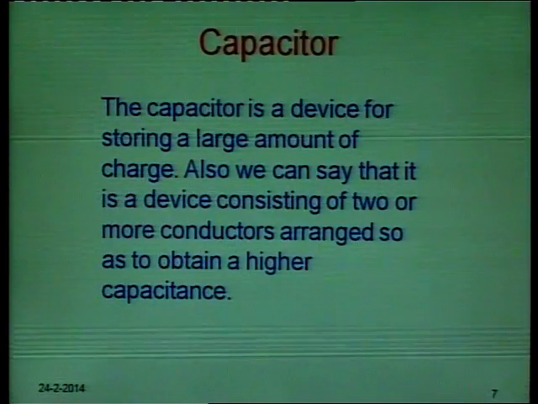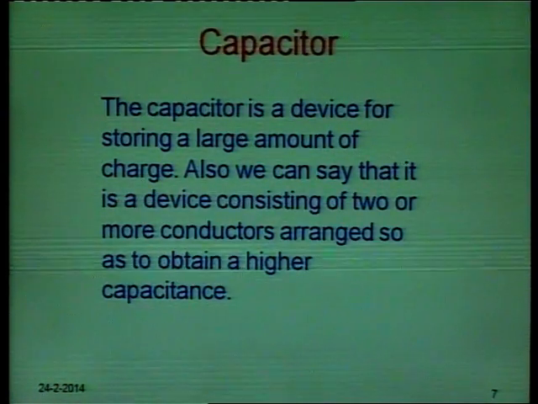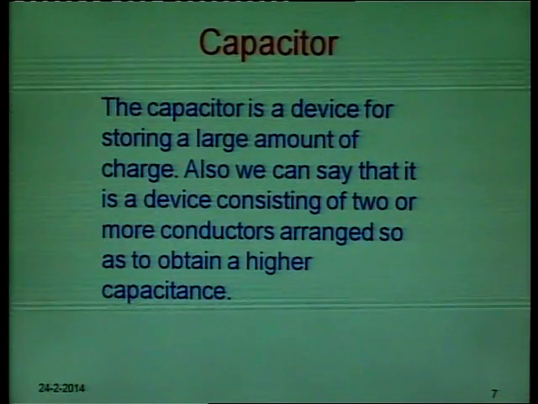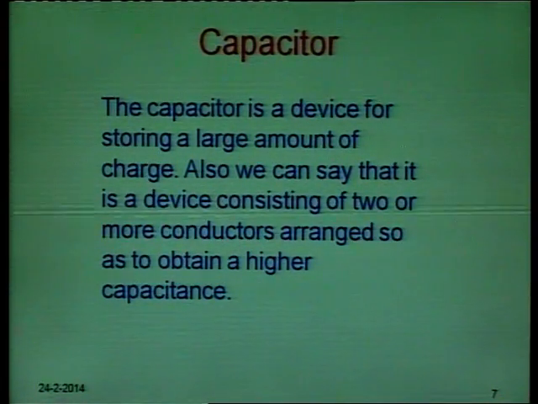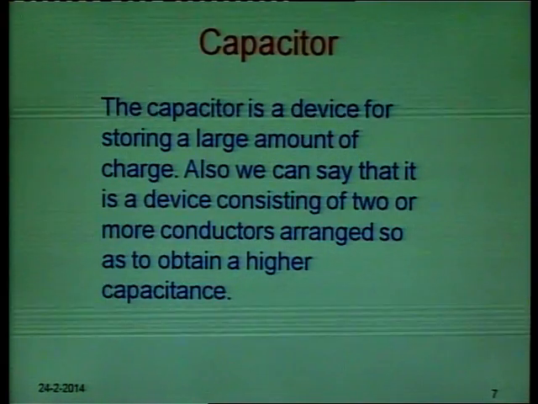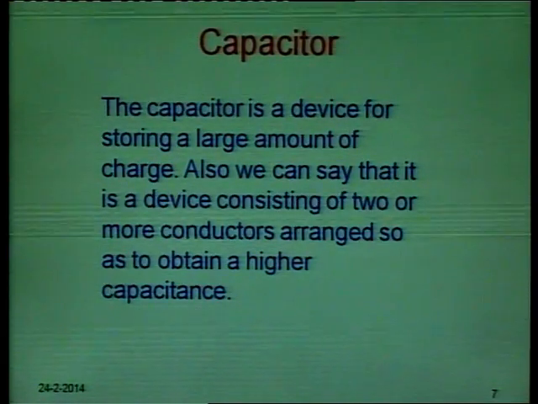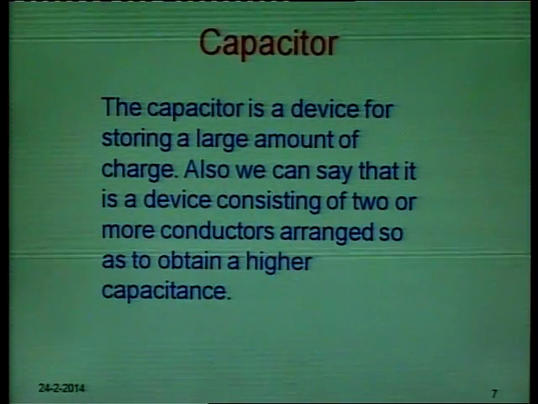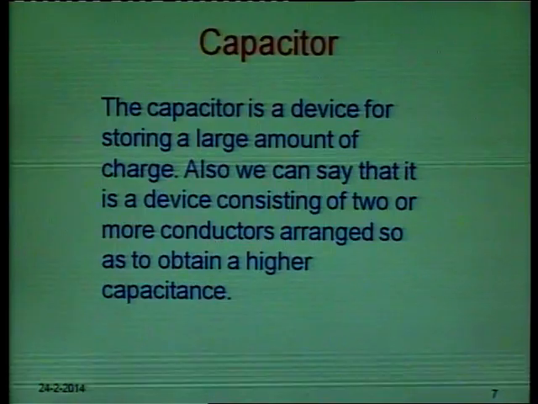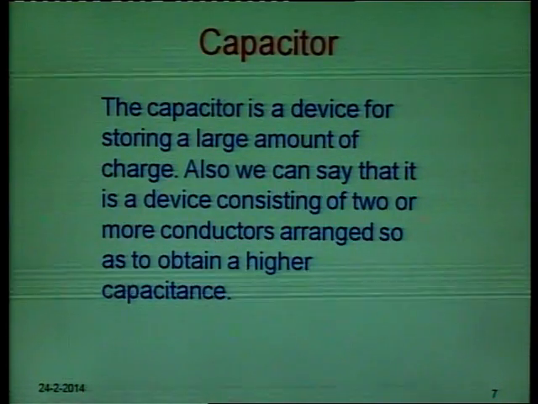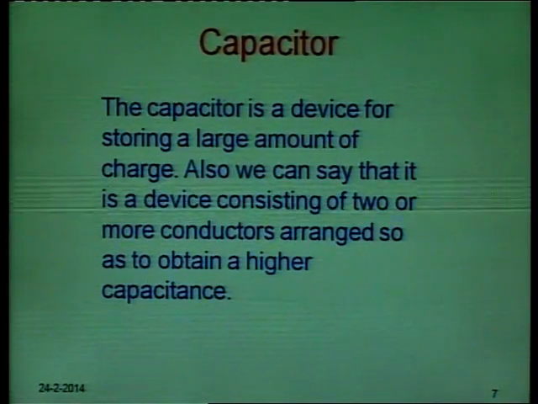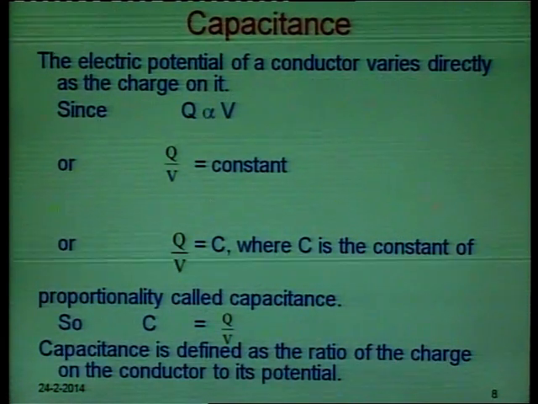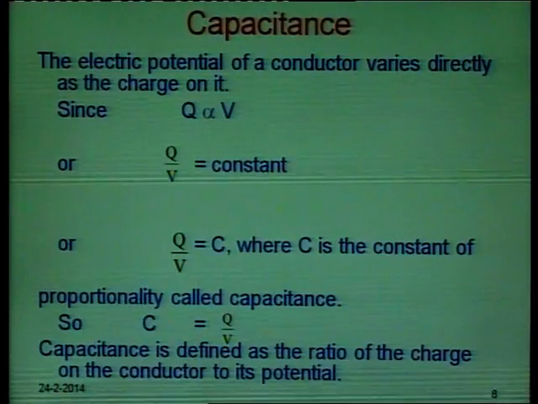Then what is a capacitor? A device to store a large amount of charge. So, a capacitor is a device for storing a large amount of charge, or you can also say that it is a device which consists of two or more conductors which are arranged so as to obtain a higher capacitance. Now, let us define capacitance.